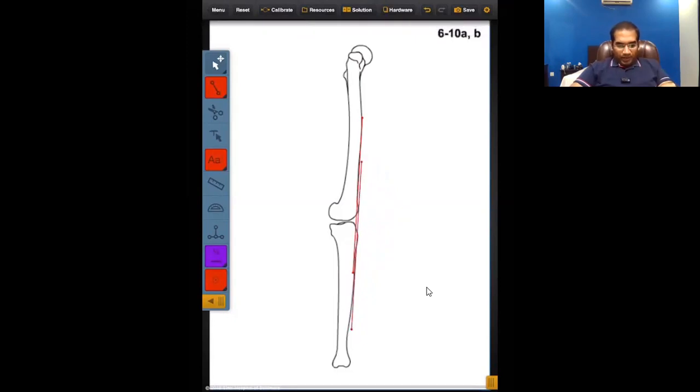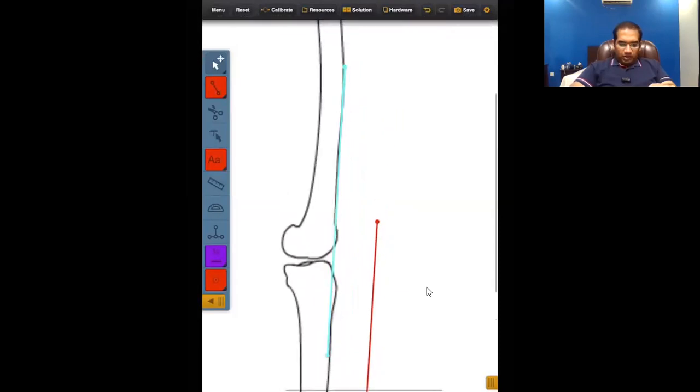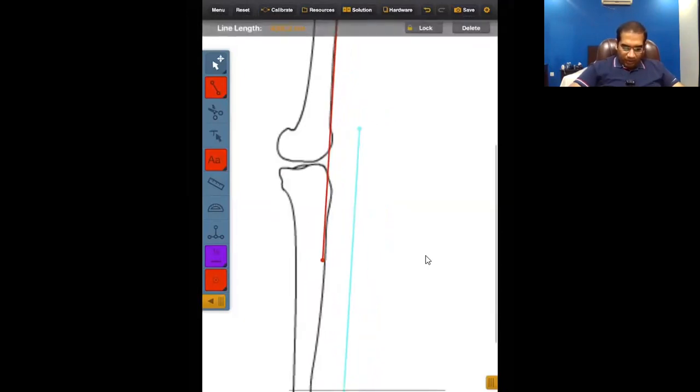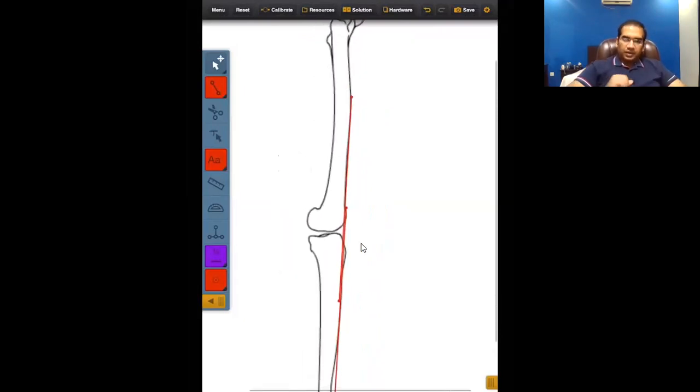Now I have drawn two lines. One line is along the anterior cortex of the femur, and another line is along the anterior cortex of the tibia. When I have extended the line, these two lines are parallel to each other.